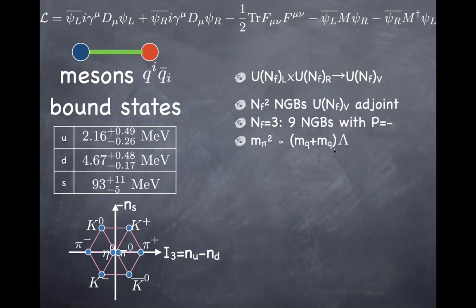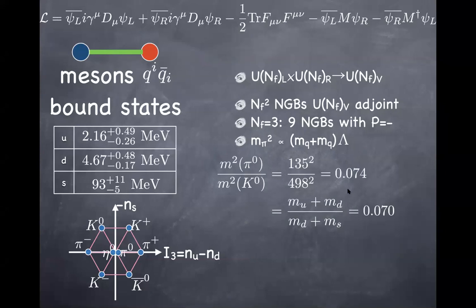And on dimensional grounds, to make up a quantity of mass dimension 2, you need another mass dimension to accompany M up plus M down, which has mass dimension 1. And the only thing there can be is the strong scale lambda. So the expectation here is that you are looking for 0 minus pseudoscalar bosons whose mass squared is suppressed by the smallness of the quark masses.